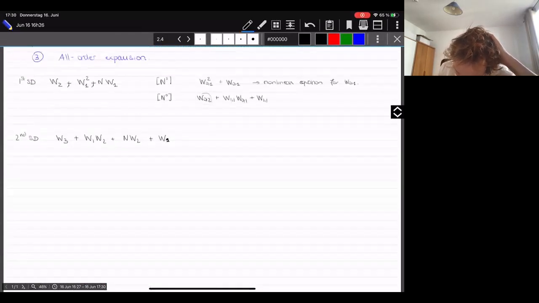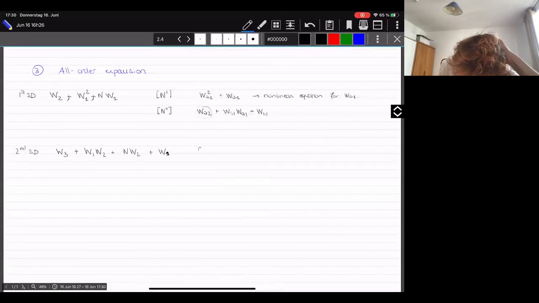The leading order here is of order n. I have to take the leading order here and here, and the leading order W2 is order 1, so that indeed makes this n.